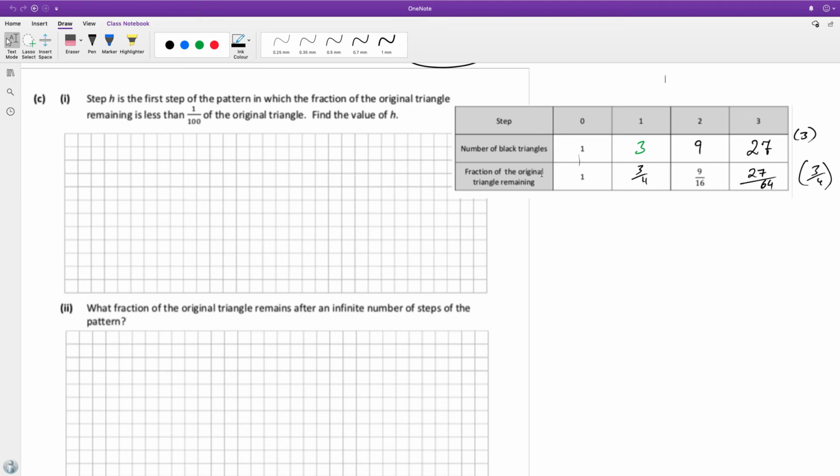Right, have a little go at it. So, 3 over 4 to the power of h is less than 1 over 100.